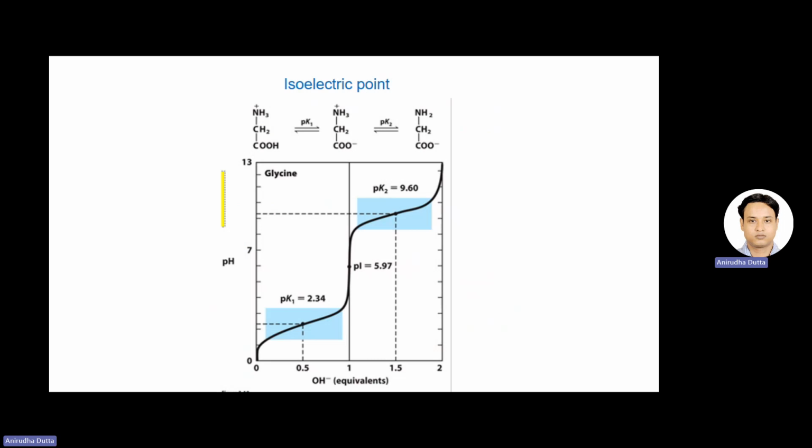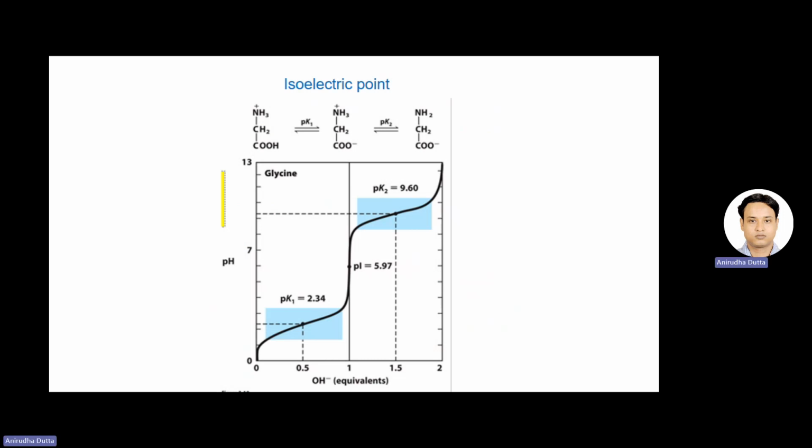It would have an equal amount of positive charge and negative charge. Similarly, just like an amino acid, the protein itself also has a pI. At that pH, the net charge of the protein would be 0.